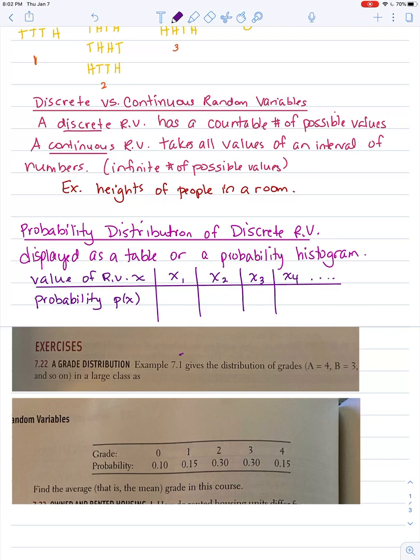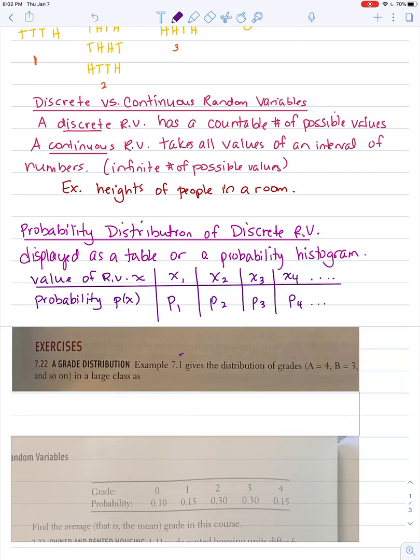And then the probabilities would be P1, P2. And the reason we need these in this form is because there's a formula that we use that's given on the AP formula sheet.